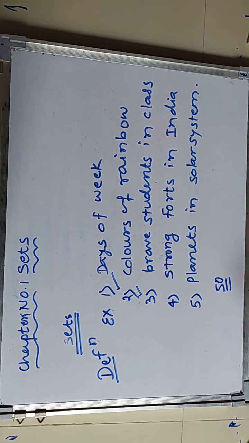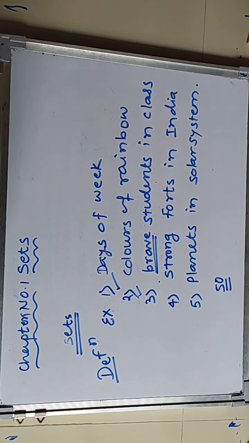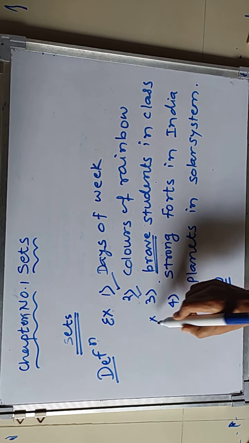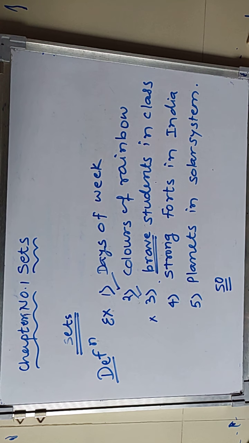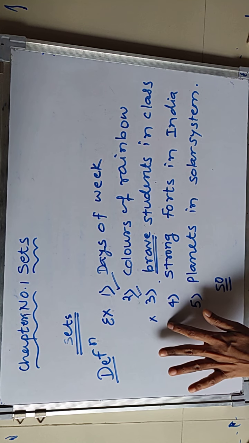According to you, how can you say this boy or girl is brave? This term brave is a relative term. Therefore, we can't say so and so boy or girl is brave, and you are not getting particular information about the girl or boy. Therefore, it is not an example of a set.